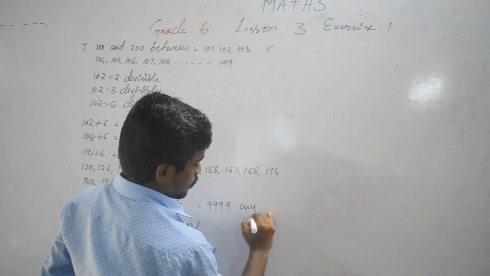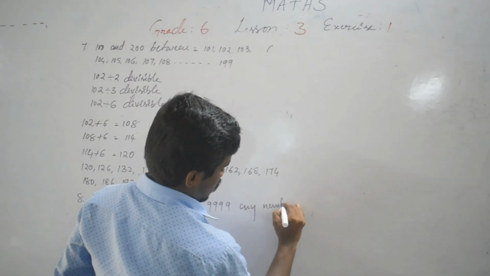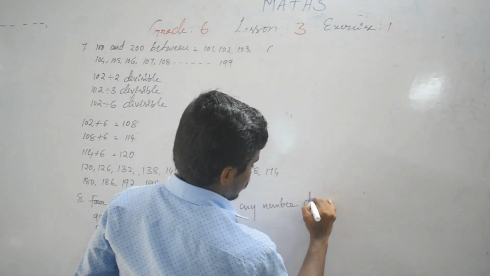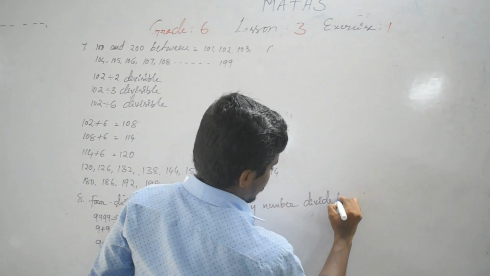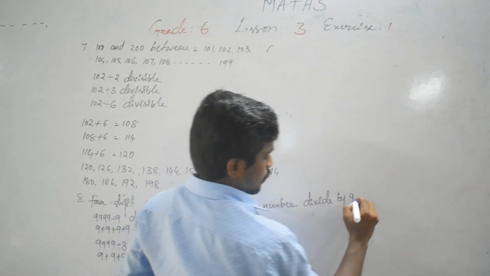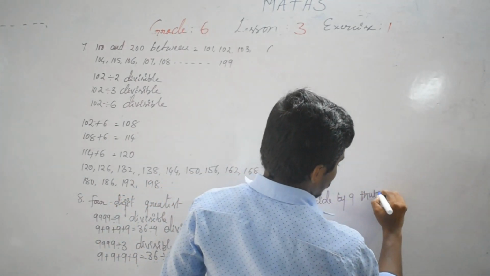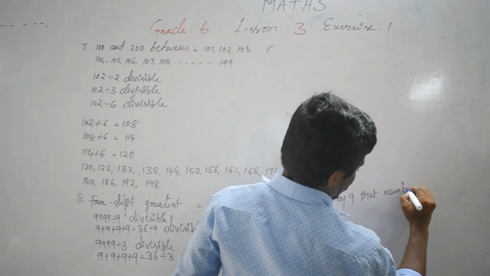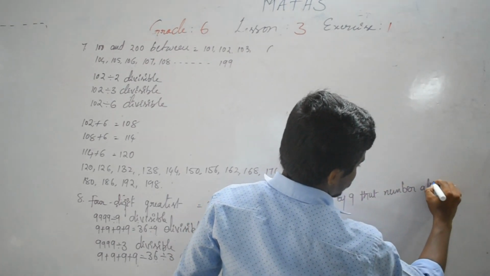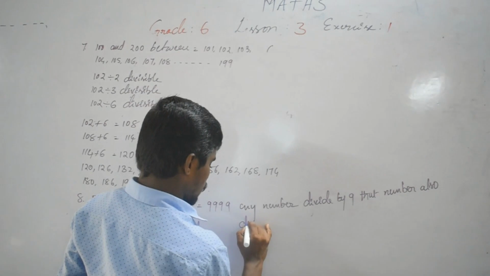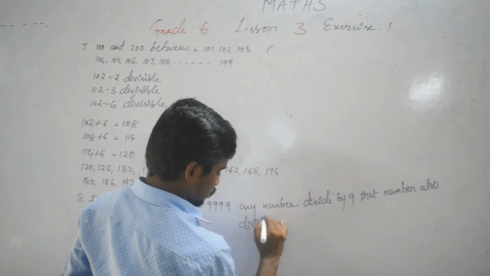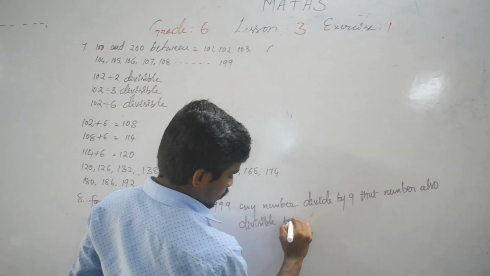Any number divisible by 9 is also divisible by 3.